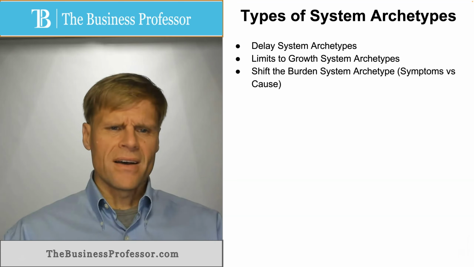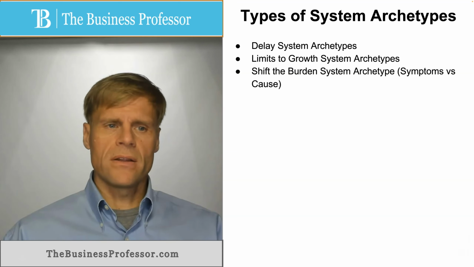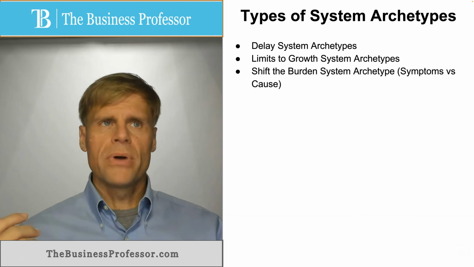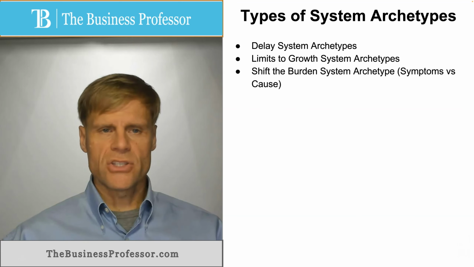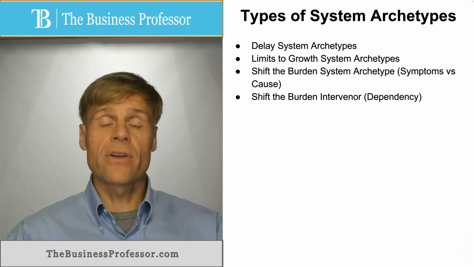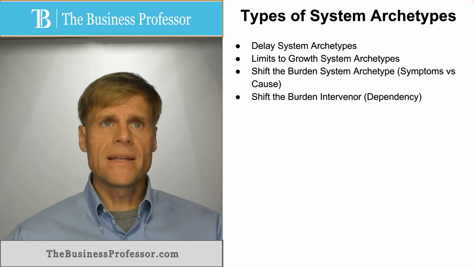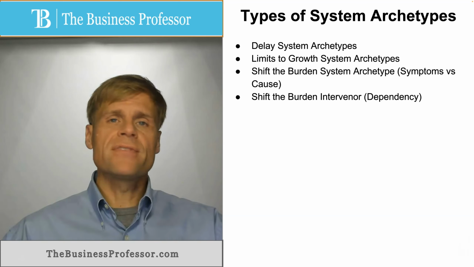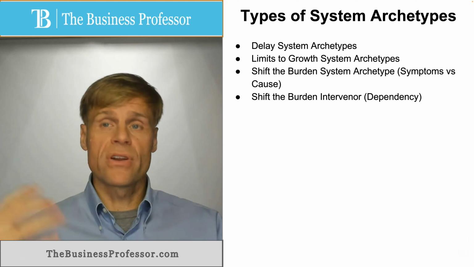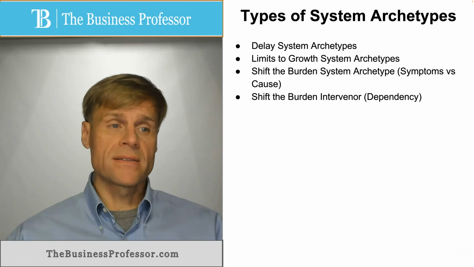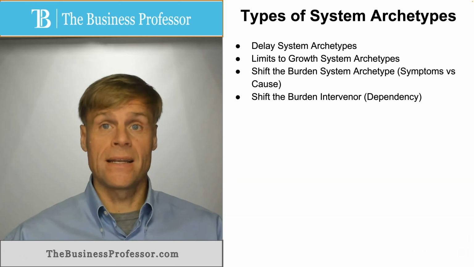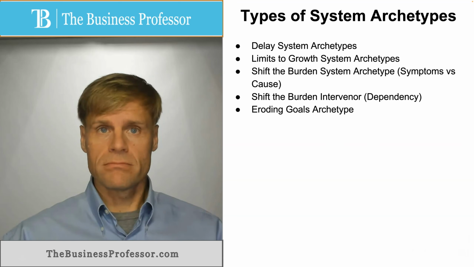Okay, there's the shifting the burden archetype. It's where you're looking at the various nodes and you see variation in one node and you're identifying or treating that, but that's not the underlying cause. That's just a symptom of the problem. The shifting the burden intervener archetype, where you're putting a great deal of emphasis on the interaction with third parties or the intervention of third parties in the process, such as a consultant or an inventor or something like that, to maintain the process that's started.